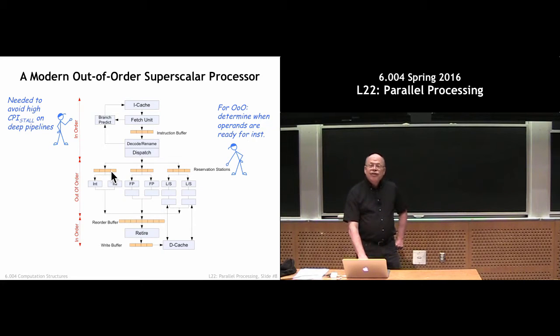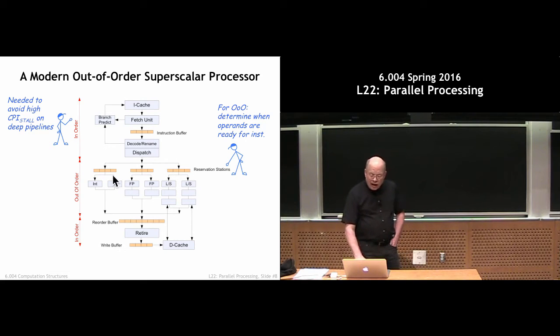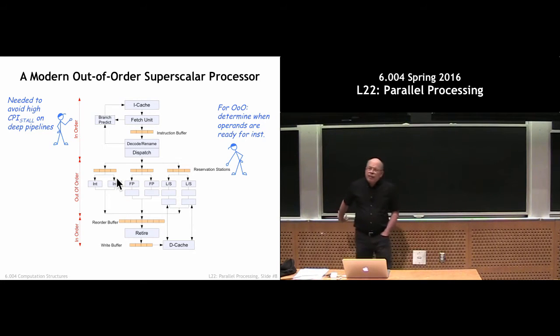Other instructions can sneak in front of us. If their operands are ready to go, they can sneak in line here and get executed. So we actually have lots of things we could be executing, and when their operands are available, we shove them into the functional units. Meanwhile, instructions that were logically behind us may cut in front if their operands are available sooner.